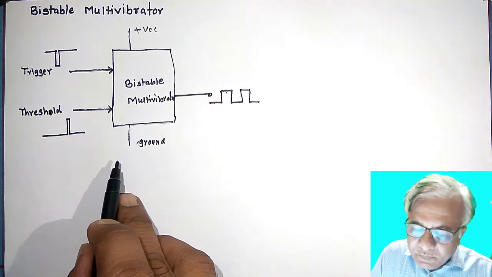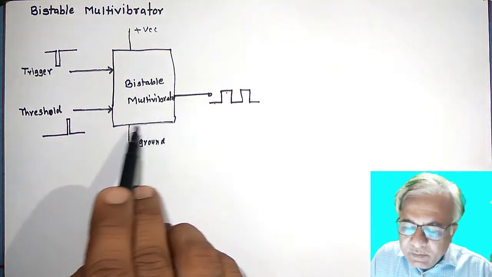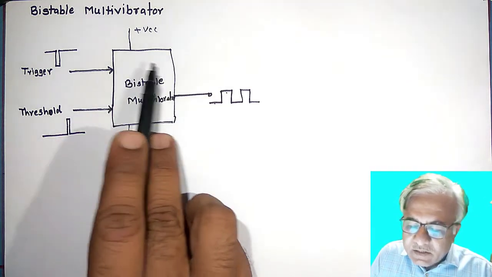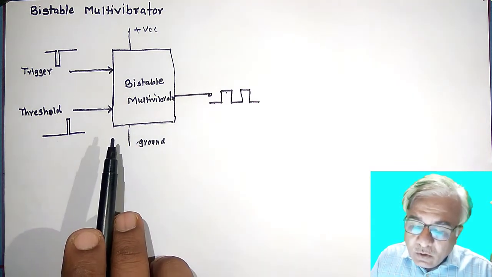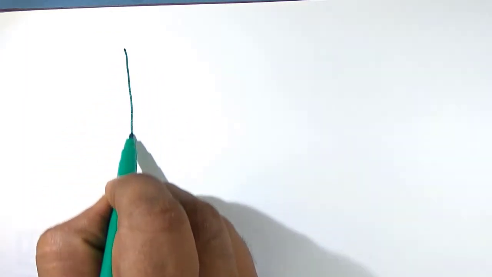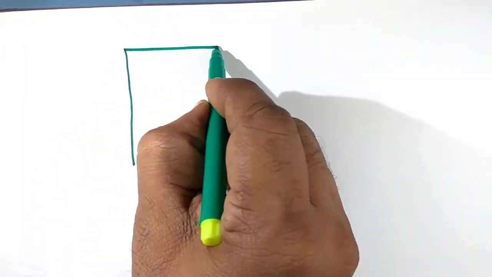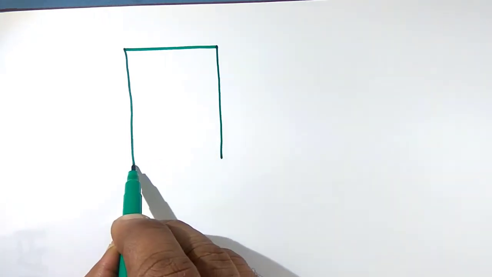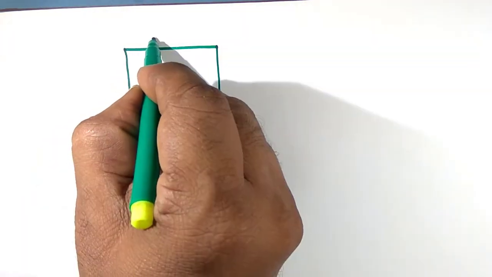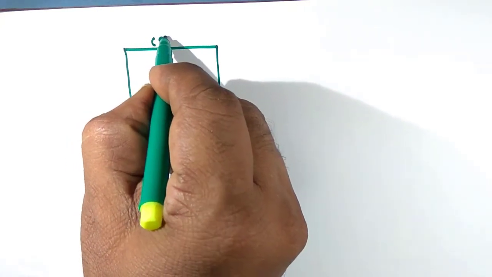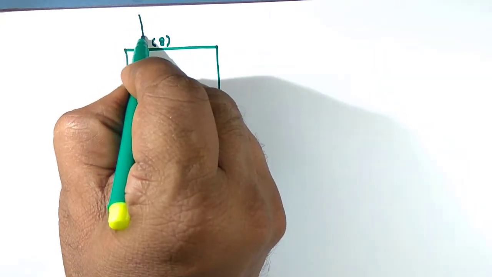Now let us see how such a bistable multivibrator can be constructed with the help of IC555. Let us consider this is the IC555. In IC555, VCC supply is given to pin number 8.